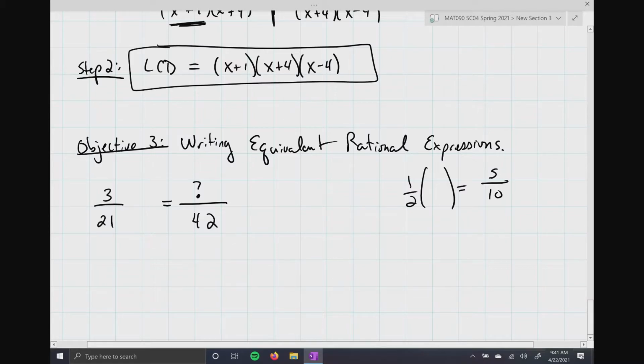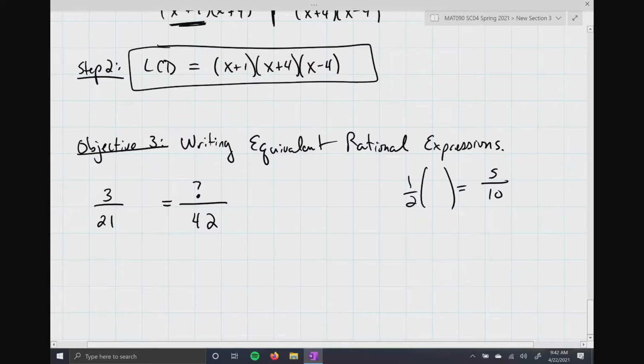Because I'm going to multiply 1/2 by something to give me 5 over 10. The question becomes, what am I going to multiply by? And I need to be really clever on how I write this very special number. So let me ask the question one more time. Forget about the fraction for now. What number am I allowed to multiply another number by and still get the same result? In other words, if I wanted to multiply 2 and get an answer of 2, what number do I multiply by?